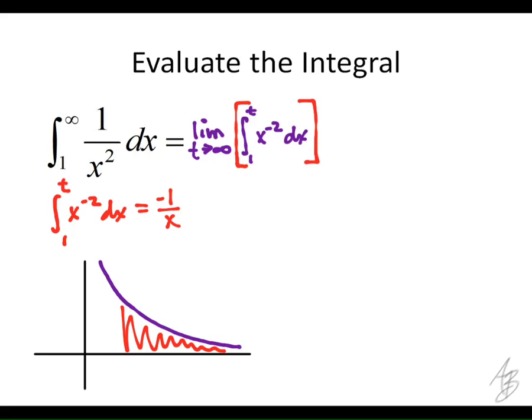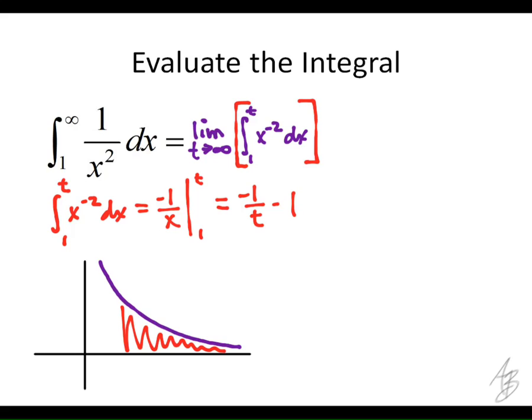And we want to evaluate that from 1 to t. Okay, so what do we do? We get negative 1 over t minus negative 1.